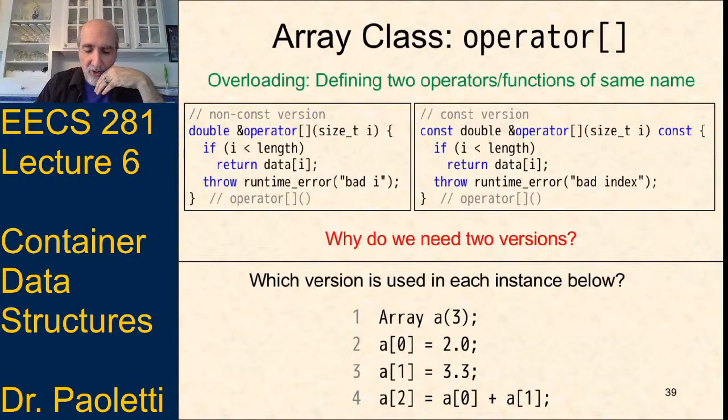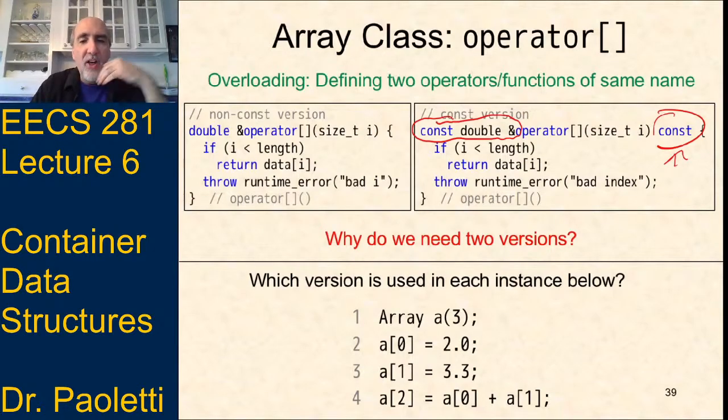Notice the const version has two consts. So this one over on the right says, I promise not to change member variables. The const over on the left actually refers to the const double reference.